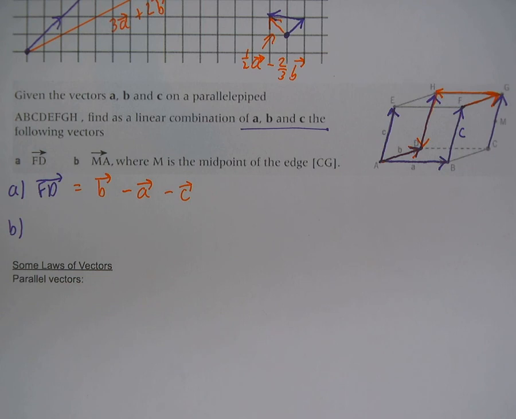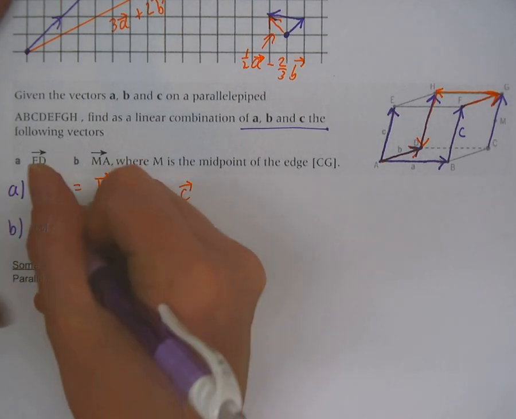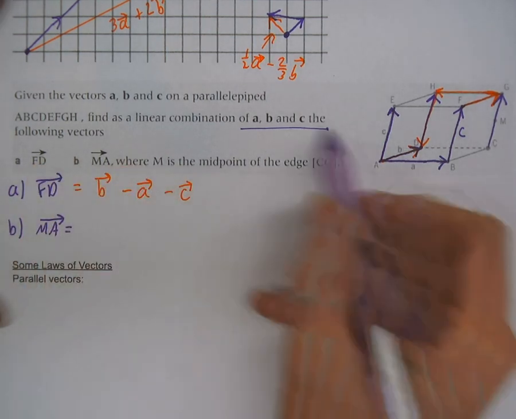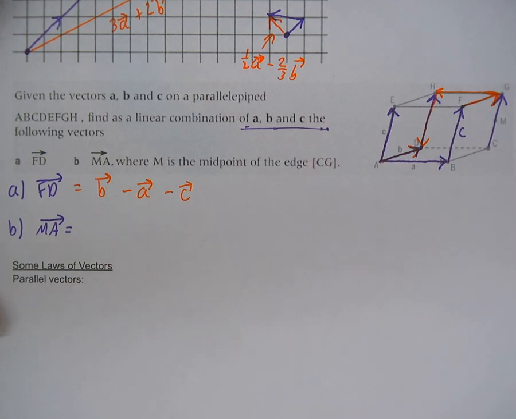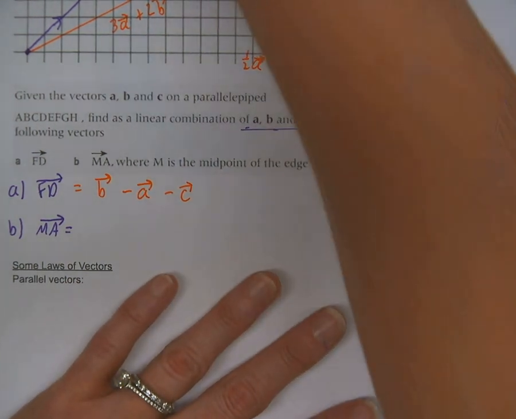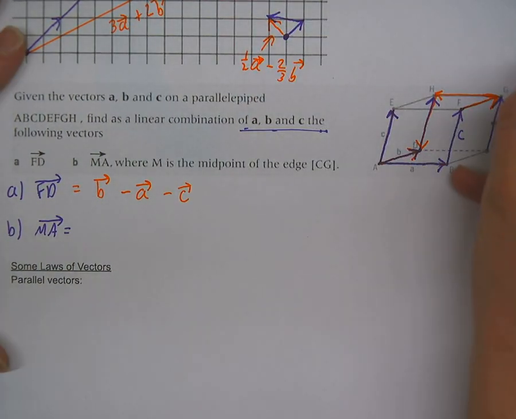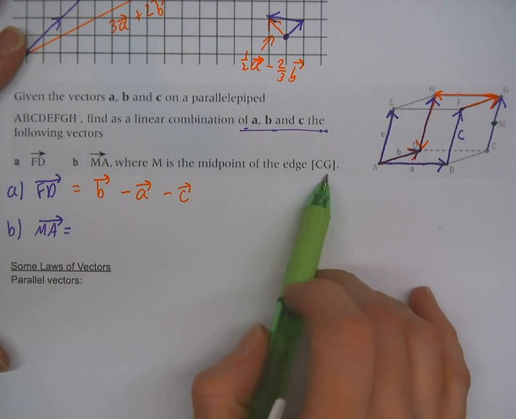So part B of this question is asking us to figure out how we would get from M to A, or in other words, what is vector MA, but written only with A, B, and C. So same basic idea. I'm going to start at M and end at A and figure out how I'd get there. M is the midpoint of CG.